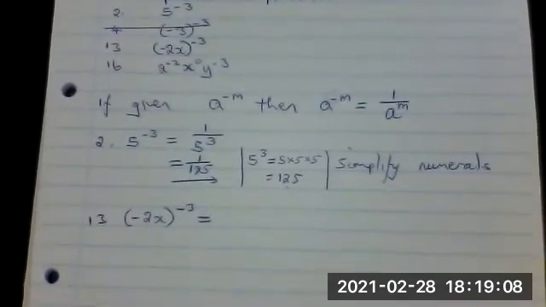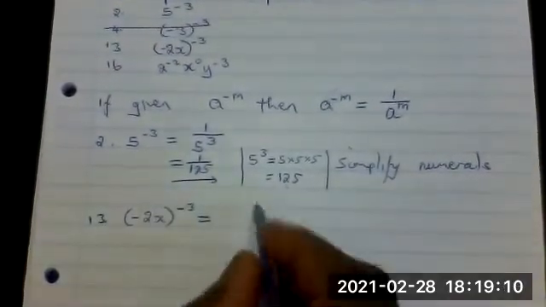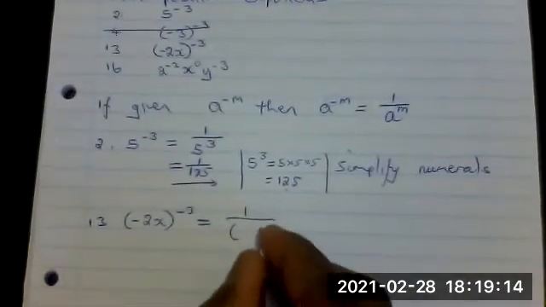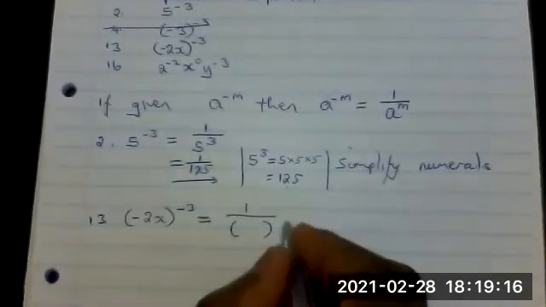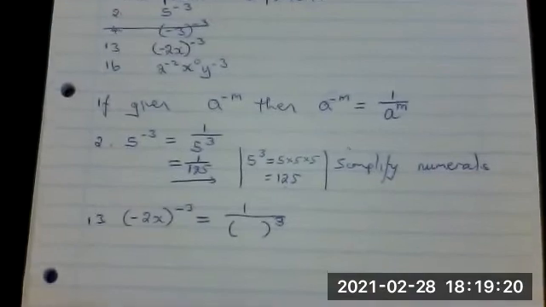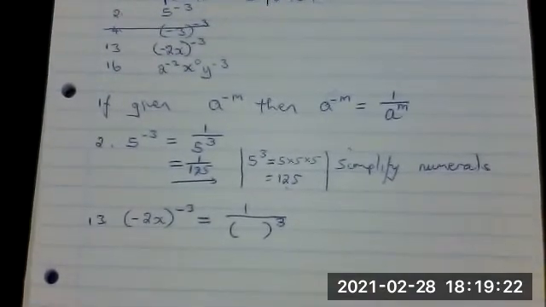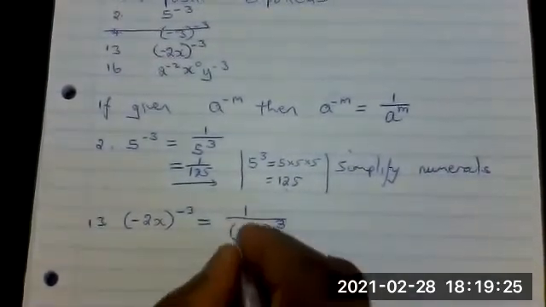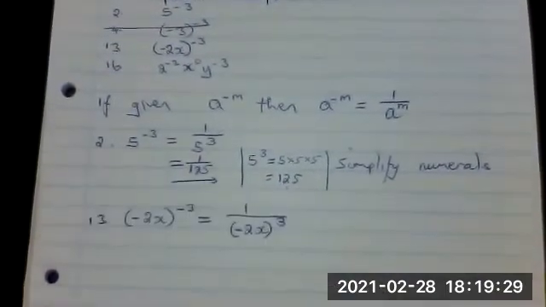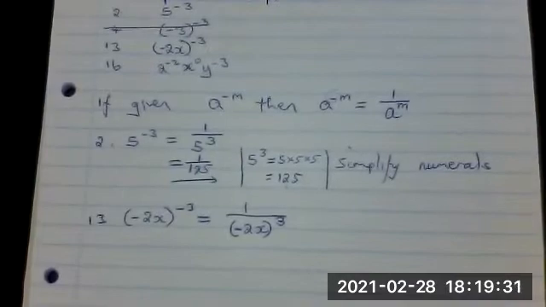So it's 1 divided by the bracket, and it is going to have a positive exponent. And what are the numbers inside the brackets? It's negative 2x. So that's our answer there.